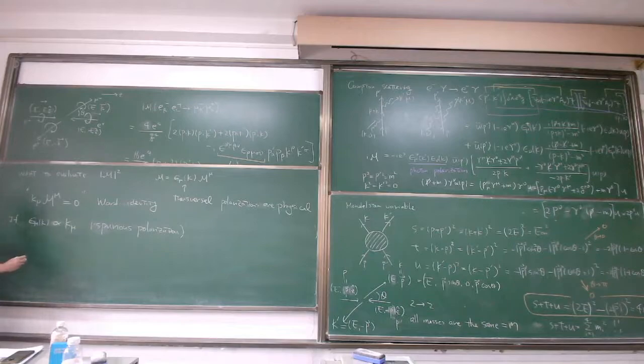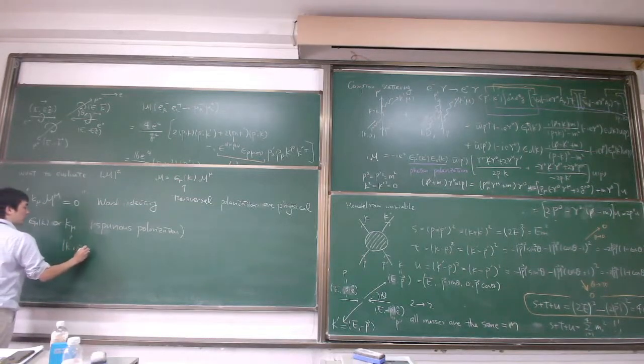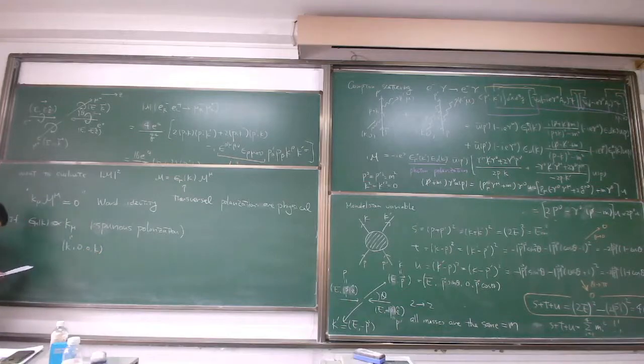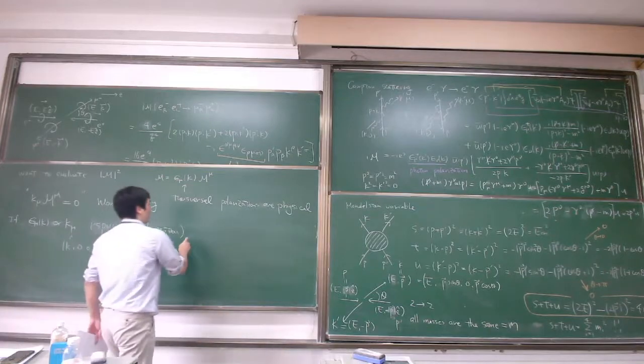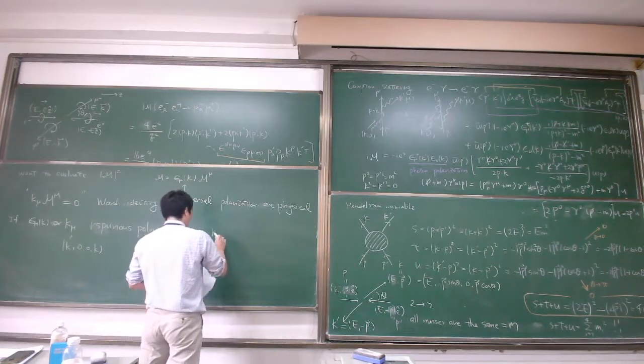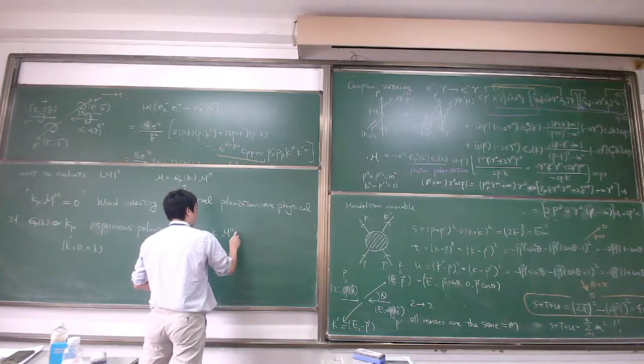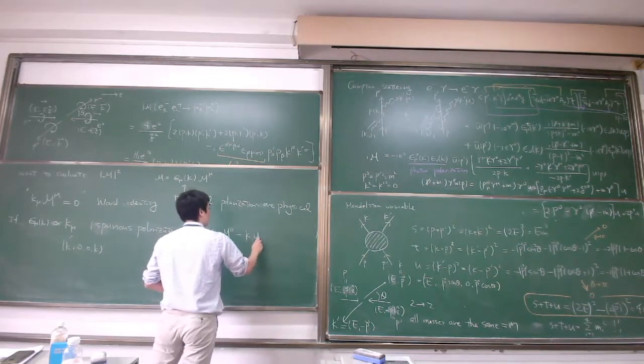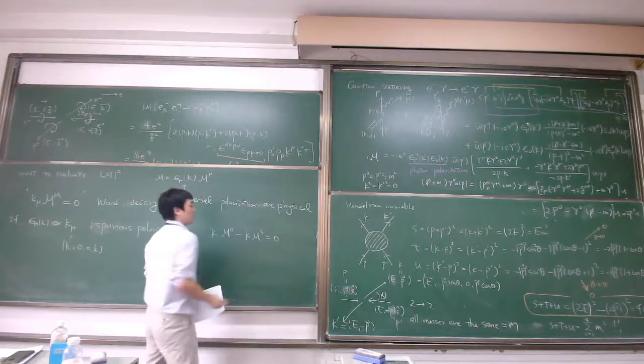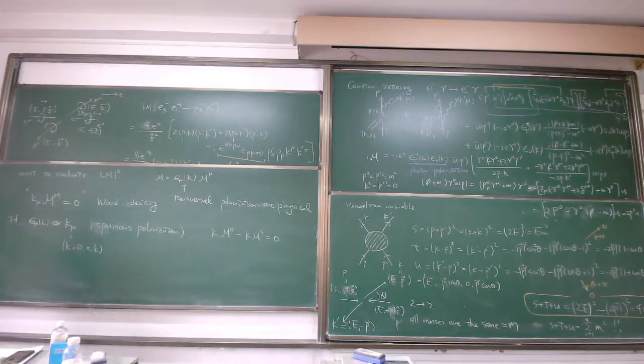So for instance, if epsilon is equal to k, then the polarization proportional to this one is spurious. Then k times M0 of k should be 0. So this is the Ward identity.